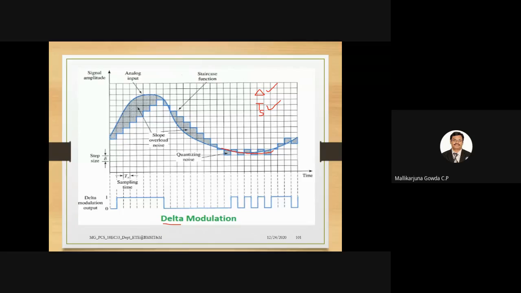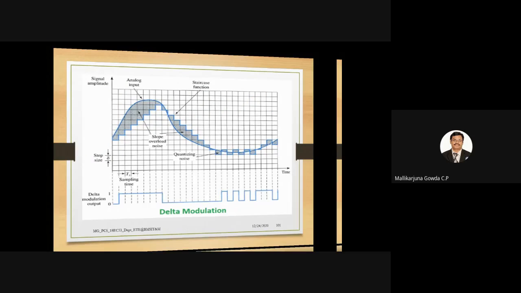If I increase the step size, I can overcome this slope overload distortion, but at the same time, if there is not much change in the input signal, then it will exhibit the granular noise. It will be oscillating between plus delta and minus delta. That is the granular noise. So the selection of step size and sampling period plays an important role in delta modulation. That is what is told here.